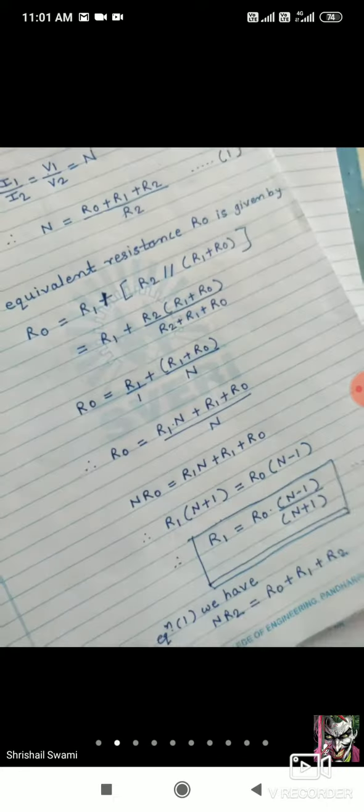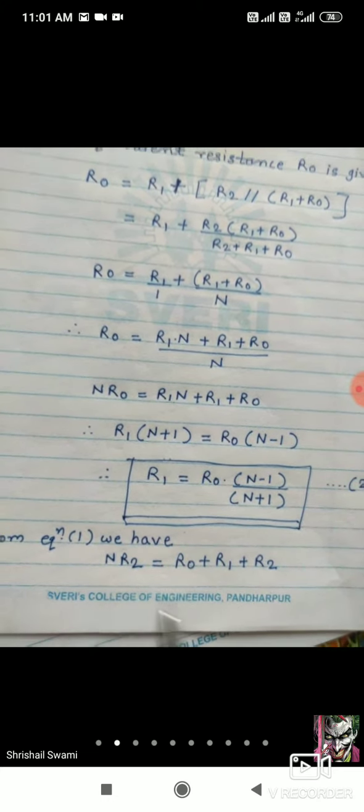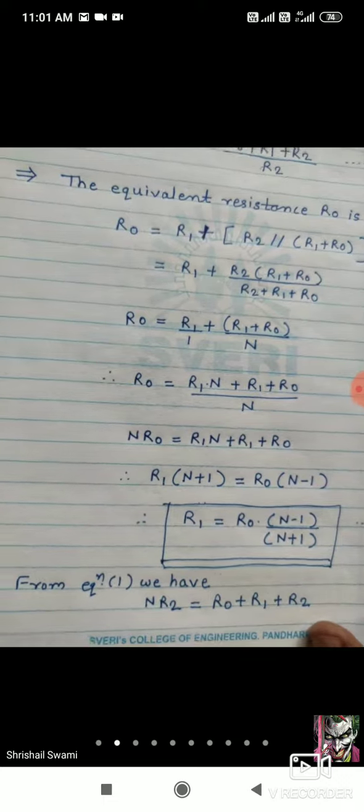That will be the next step. Or before this, you can take the R2 terms separately. NR2 is there and one more R2 is there. Take this R2 to the left hand side, so that R2 remains on one side.